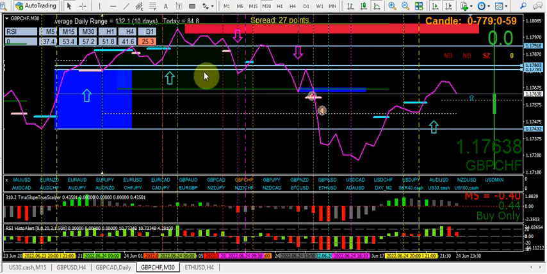Lower time frame, higher time frame, ADRs. I've got the Bollingers set to the daily, H4 and H1 on my charts as a quick guide to the direction of the day, because I'm messing around with robots and they're working really well actually. And then I've got the TMT daily candle.